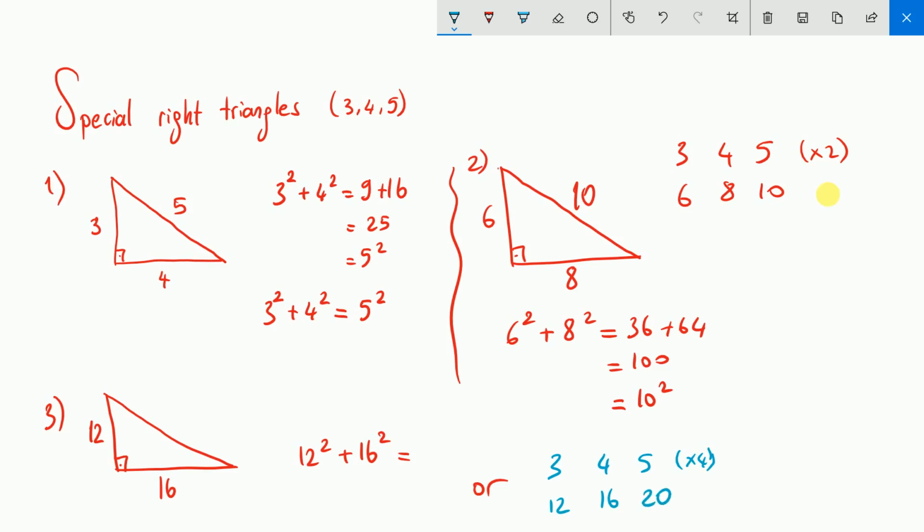So the longest side will be 20. Or we can use the Pythagorean theorem and find the longest side, the hypotenuse, easily.